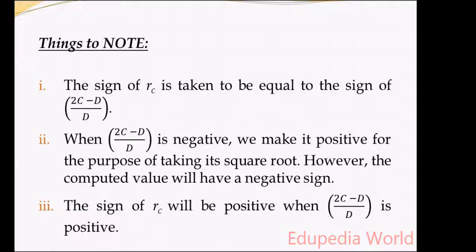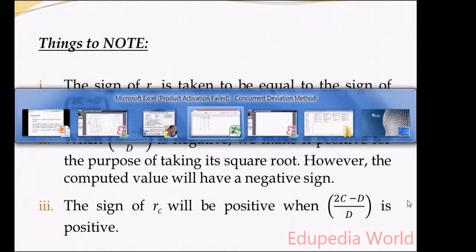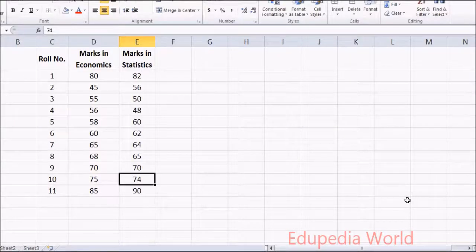However, the computed value will have a negative sign, and the sign of RC will be positive when 2C minus D by D is positive, and it will be negative when the value 2C minus D by D is negative.